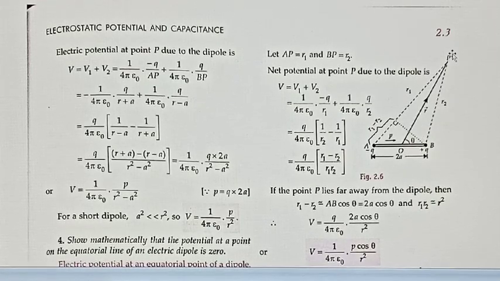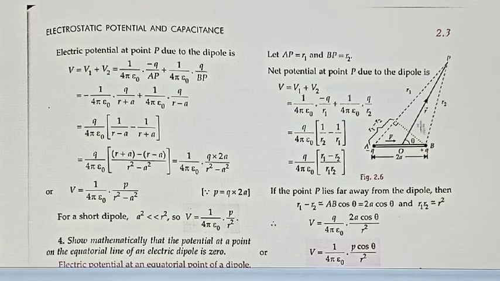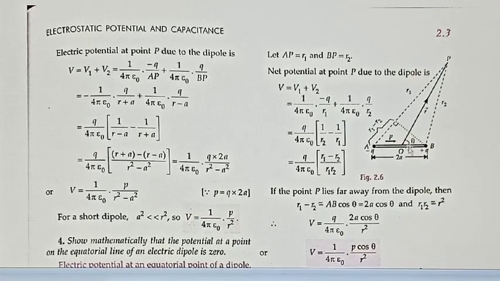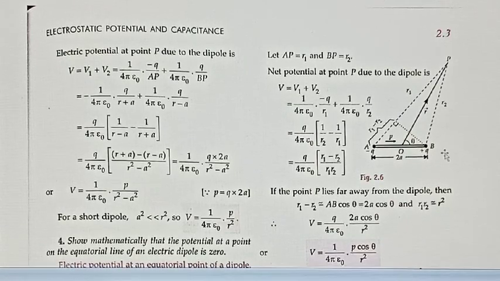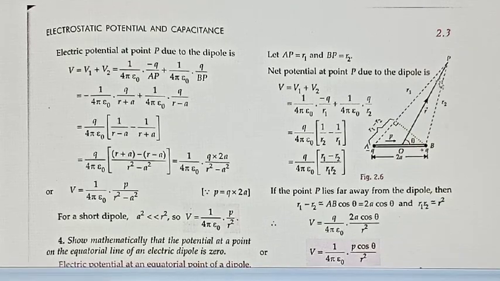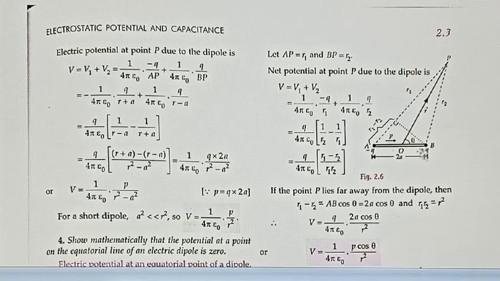We consider this vector as the position vector of P with respect to O. Or we can say that P is at a distance r from the dipole, but P is not on the equatorial line, and it is not on the axis of the dipole. So this position vector makes an angle theta with the dipole axis. You see this angle is theta.